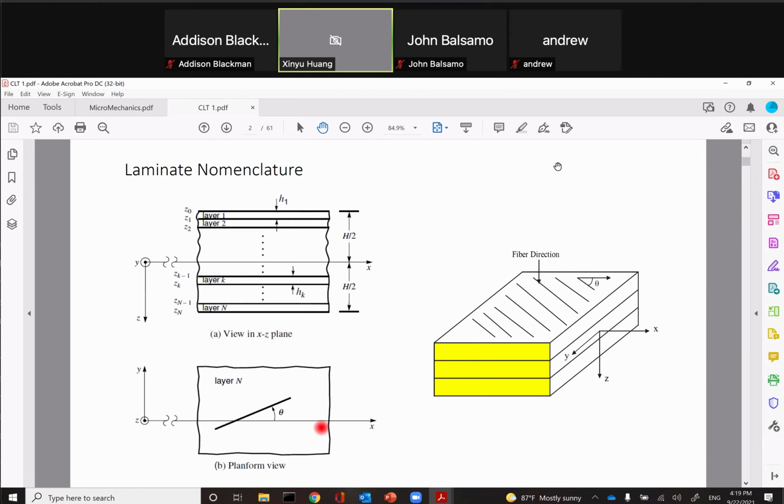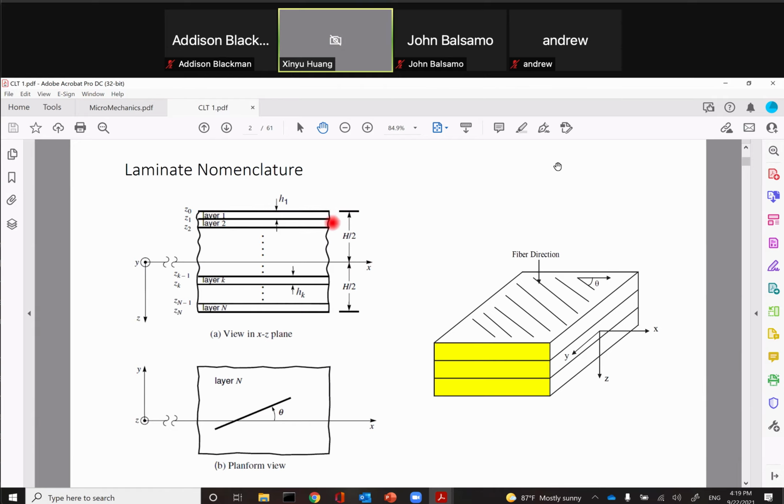Your global coordinates x and y in plane, and your fiber direction, each layer could be off. So we designate the angle for it. So if I tell you all the layers, if I tell you the thickness of the whole plate is h, and then Z0 obviously equals minus h over 2, right?